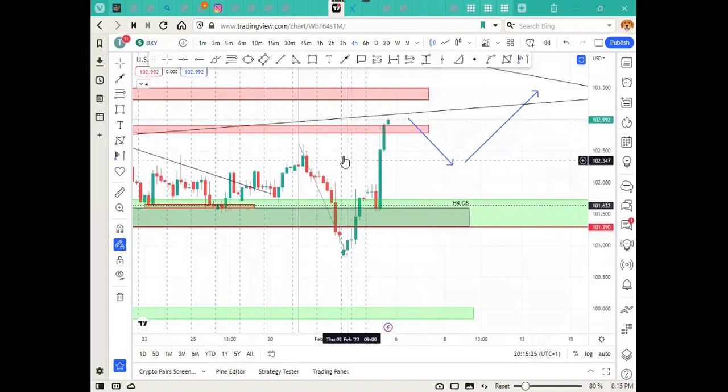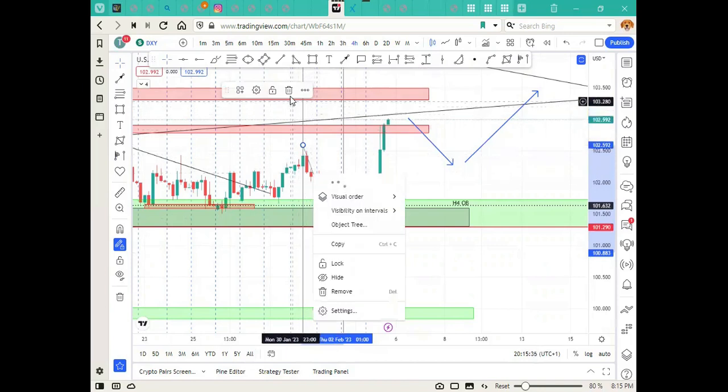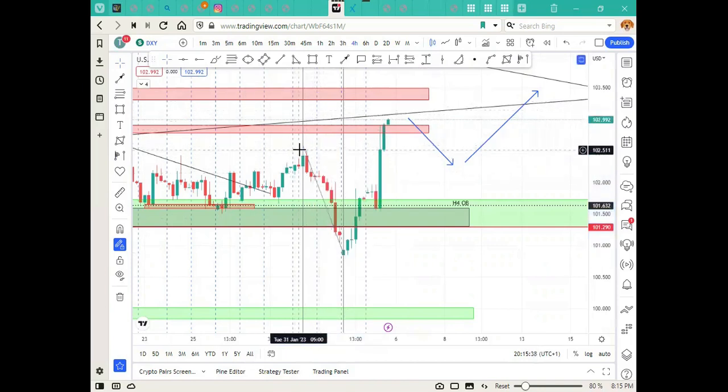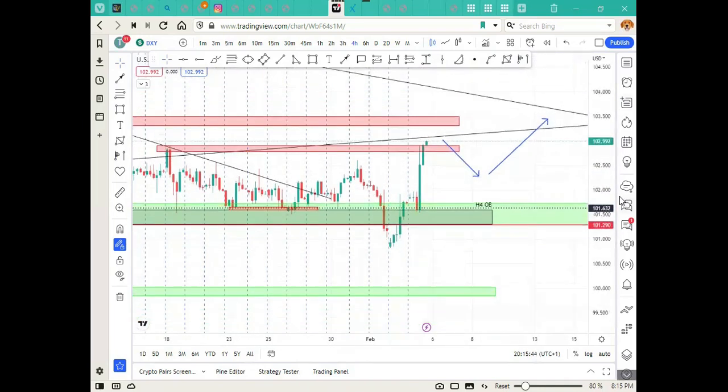I think it's loading. I'm going to have a point of control. Let me delete that. I think it was not done. Okay, the market is not currently active.